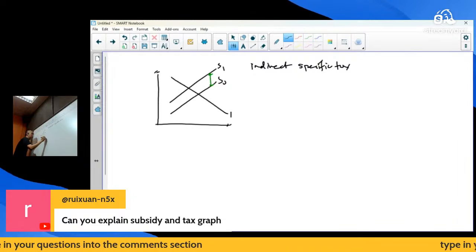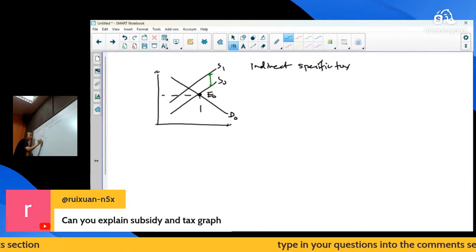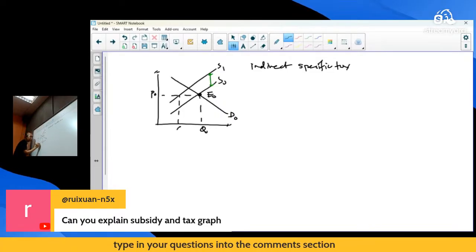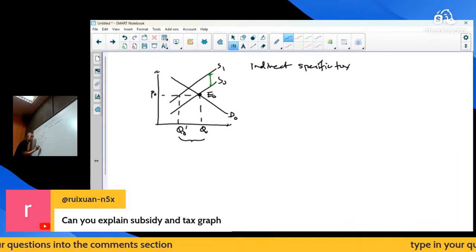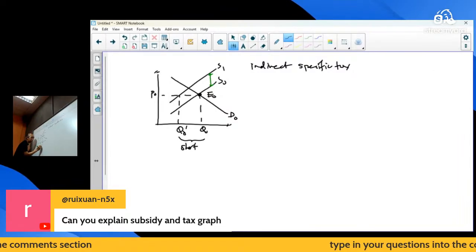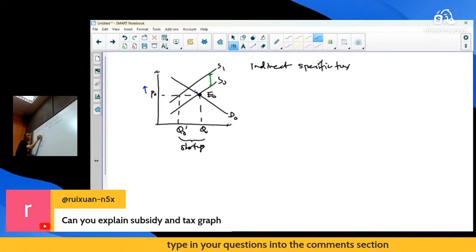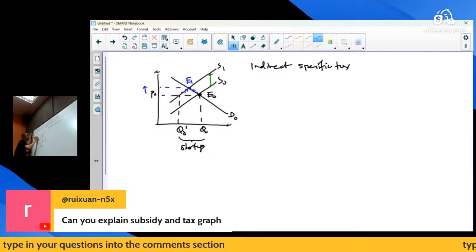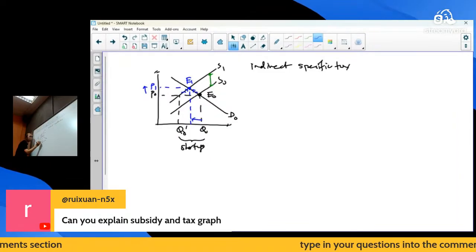So what will happen is that at the market equilibrium, original equilibrium E0, at this original price, quantity supplied will have decreased to Q0 prime, resulting in a shortage. This shortage will exert an upward pressure on the price, which will cause a market adjustment process to get us to new equilibrium E1, where the price has increased to P1 and the quantity has fallen to Q1.